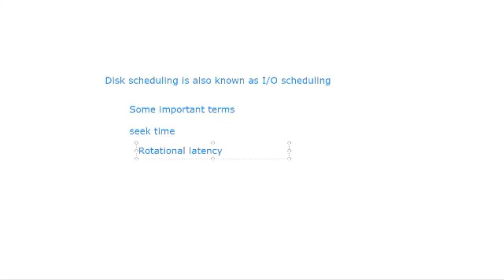What is rotational latency? Any idea about the definition? Have you ever heard the term rotational latency? What is that? Rotational latency is the time taken by the desired sector of the disk to rotate into position.